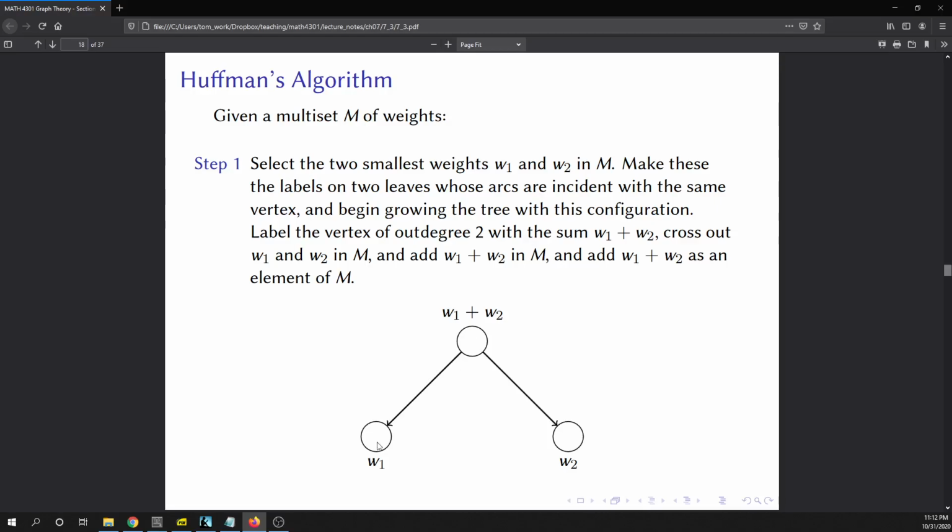And it's going to have 2 leaves. Those 2 leaves are going to be labeled with the 2 smallest numbers in our multiset, here and here. And then we're going to label this vertex of out degree 2 with the sum of these 2 numbers, W1 plus W2. All right, so that's how we will start.